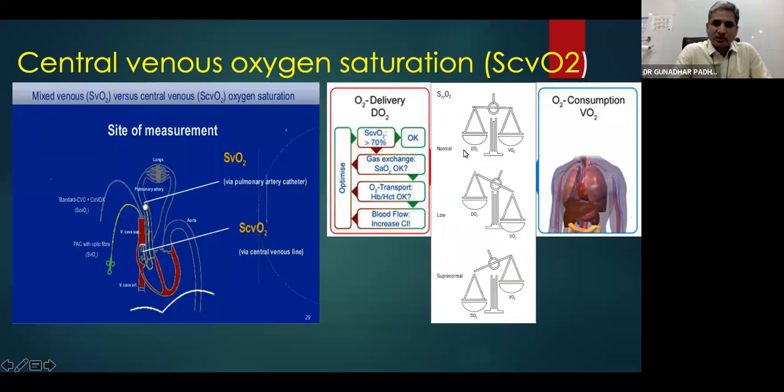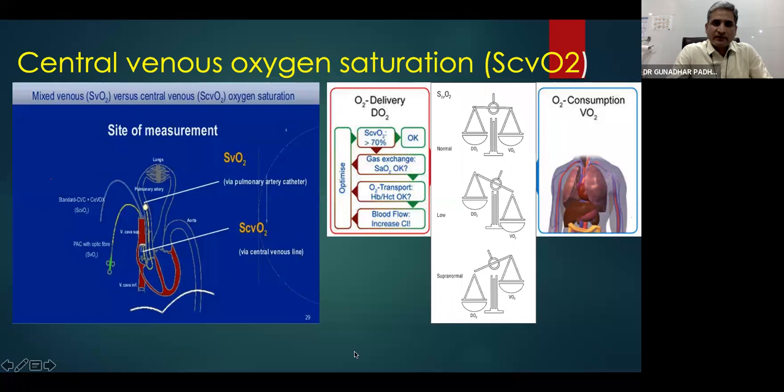In health, normally you want the oxygen delivery and oxygen utilization to be at par so that this balance is maintained. But whenever your oxygen consumption or VO2 goes up, your oxygen consumption is more and oxygen supply is less, in those cases you can find a decrease in the central venous oxygen saturation, like in the second graph.